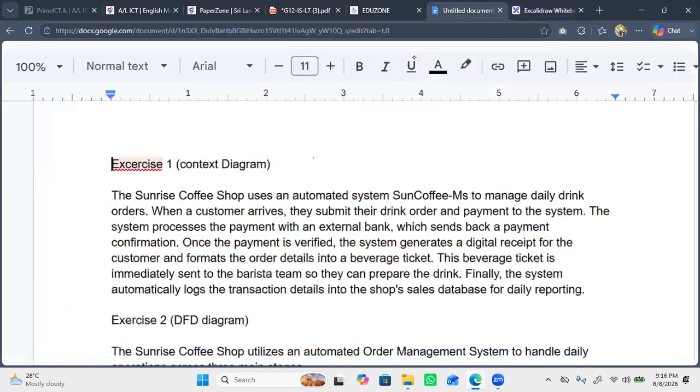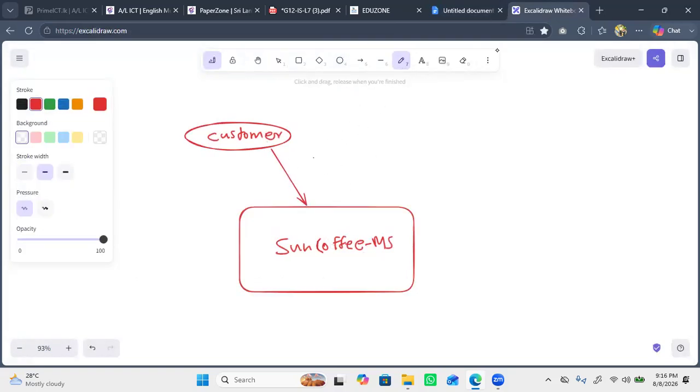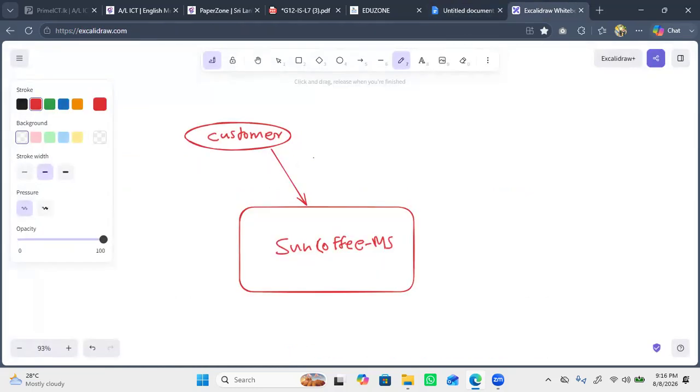Then they submit their drink order and payment to the system. Drink order and the payment details. You can't write cash in a payment, it's cash or card. It should be a data or information. So I'll write order detail and payment detail.